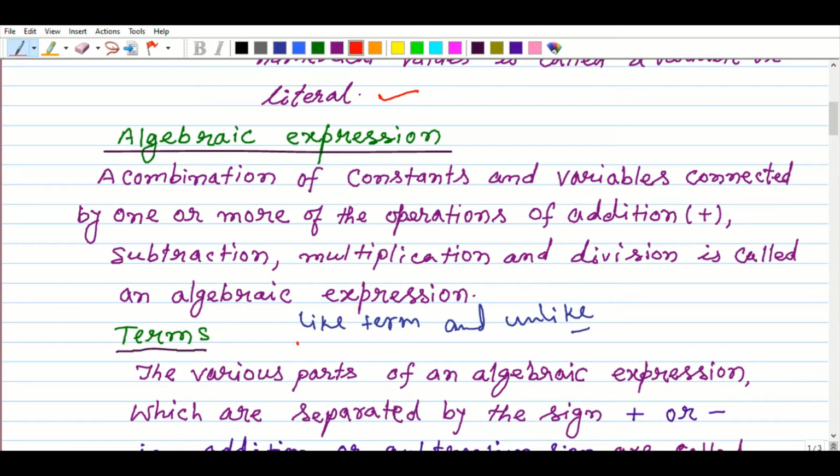In terms, there are two types of terms. First is like terms. Suppose someone goes to the market and purchases mangoes. Someone purchased bananas, right? So both purchase different fruits. It is unlike fruits. He bought bananas, he bought mangoes.